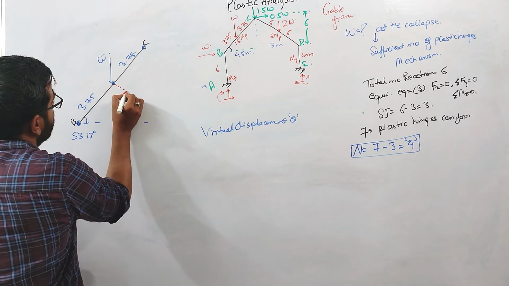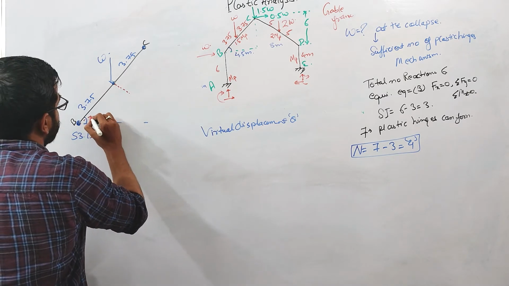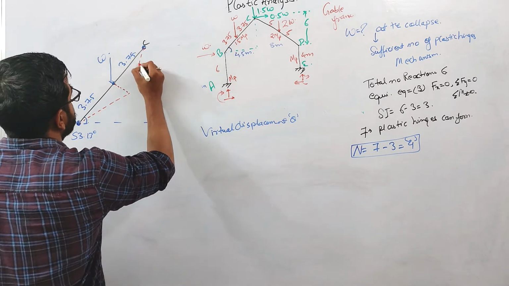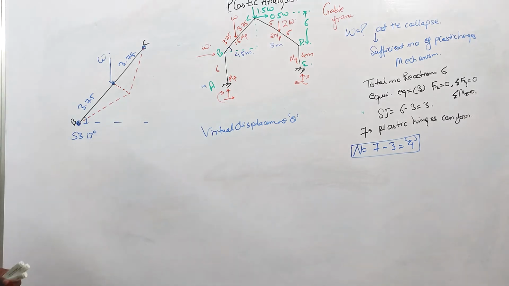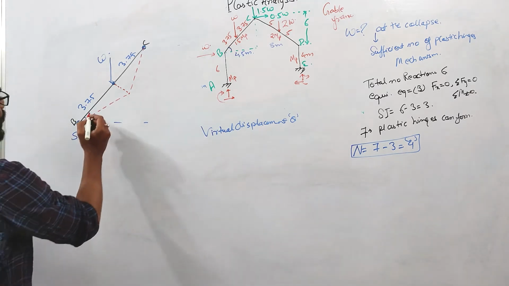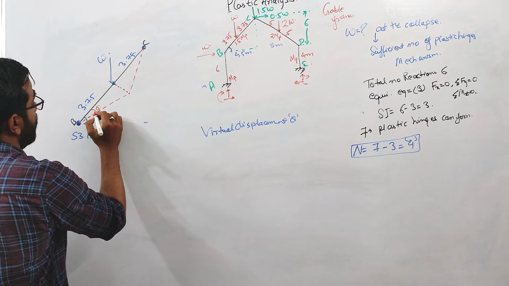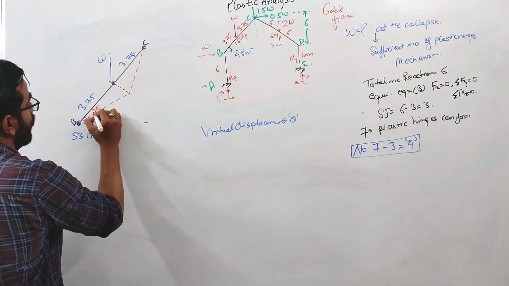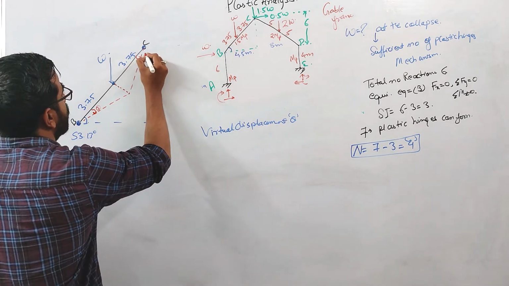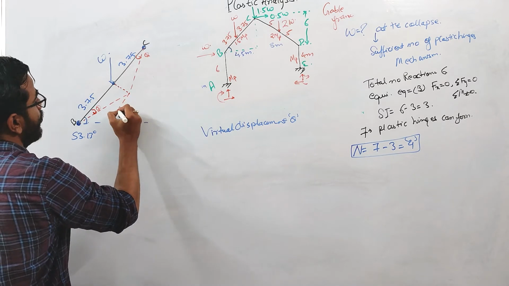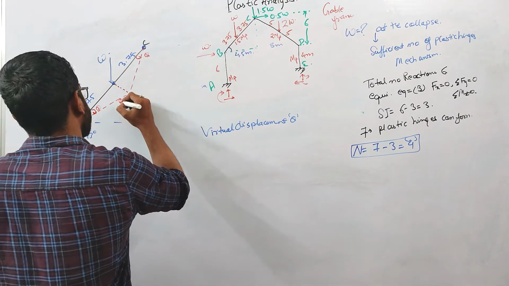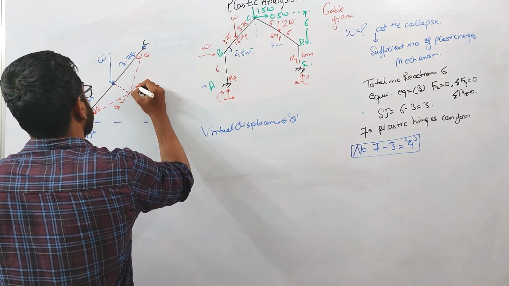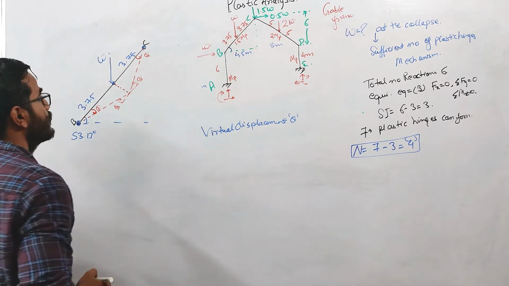This point will move perpendicular to this. This is our virtual displacement theta, and the direction is clockwise. Here also the direction is clockwise theta. Here also the direction is theta clockwise.